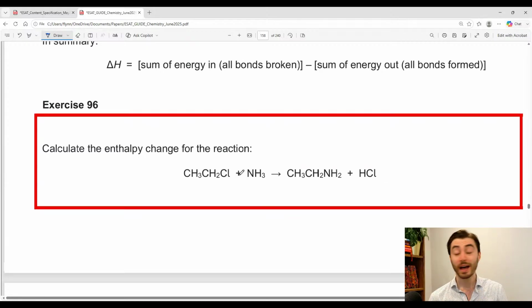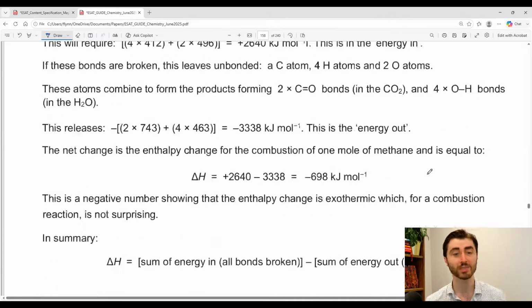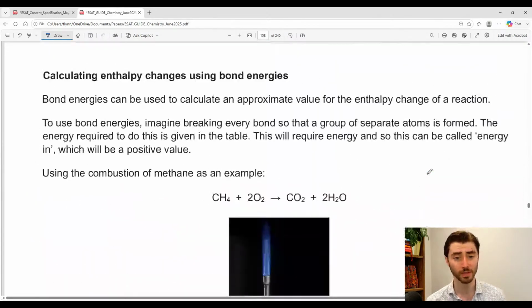It's rare for bond enthalpy to come up. If I ever saw bond enthalpy in an ESAT, I would immediately make that a second pass question. But in theory, you calculate, remembering that breaking bonds is endothermic and making bonds is exothermic. It's all the bonds broken minus all the bonds formed, and you have to calculate that. It's super easy to miss out on a specific bond, though.